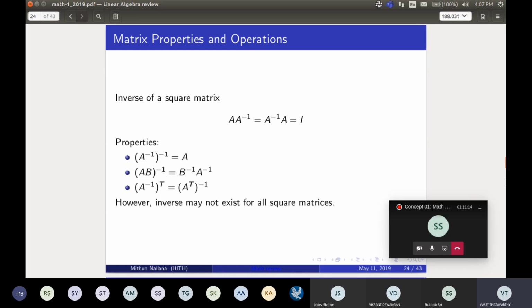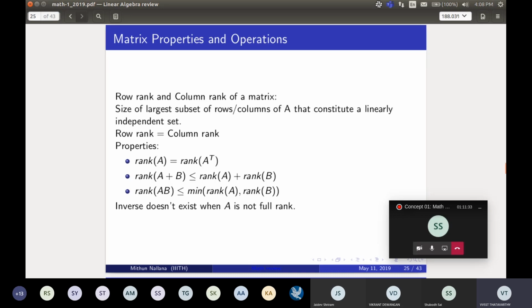We will see the condition under which an inverse can exist for a matrix: I think it depends on the determinant. Only for particular values of the determinant does the inverse exist, and otherwise it will not exist. So what it should be satisfying, you can look at.